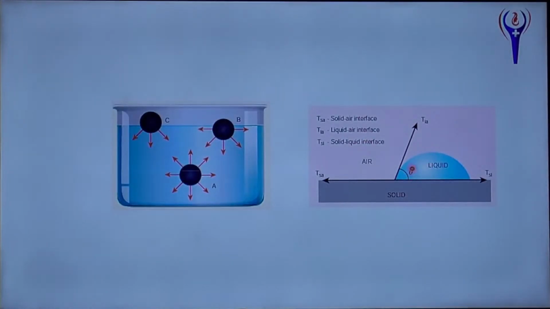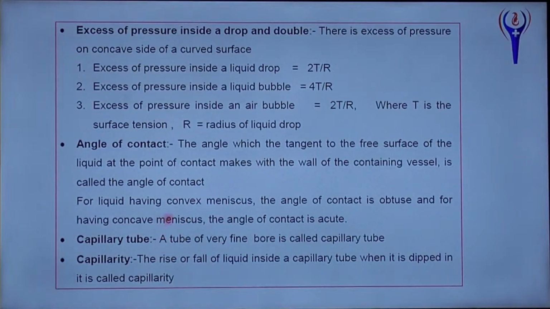See this one, this theta is the angle of contact. And that may be acute or obtuse. For a liquid having a convex meniscus, the angle of contact is obtuse, and for a concave meniscus, the angle of contact is acute. That the next picture will show.